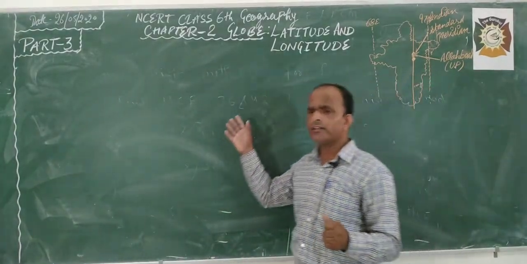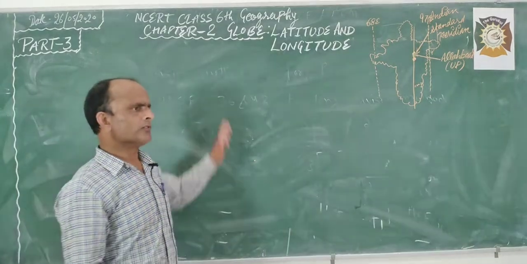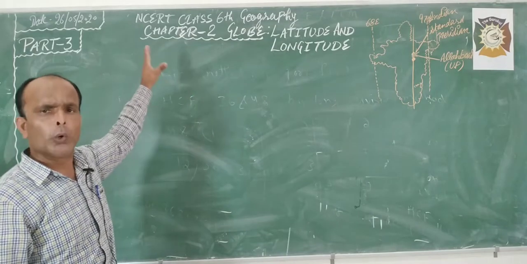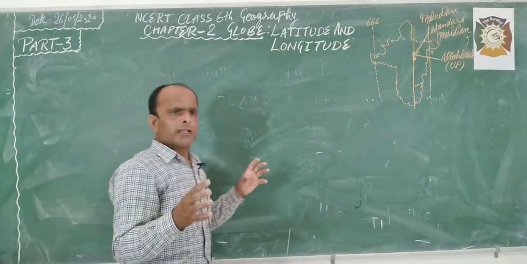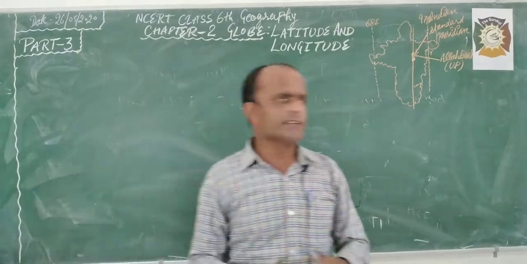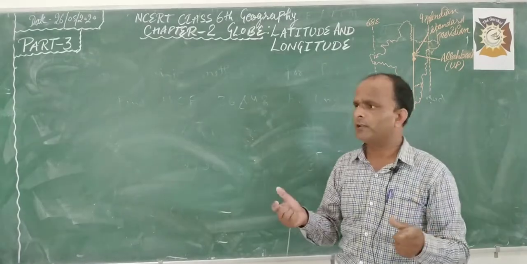And after this we discussed longitudes. What are longitudes? Vertical lines on the globe are called longitudes. Longitudes are semicircles and latitudes are full circles.